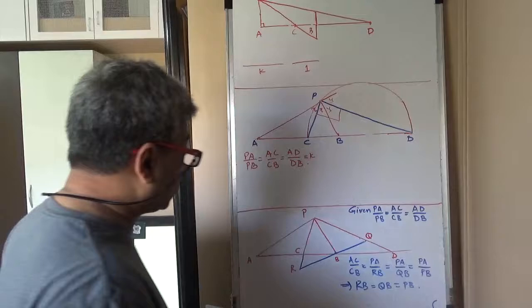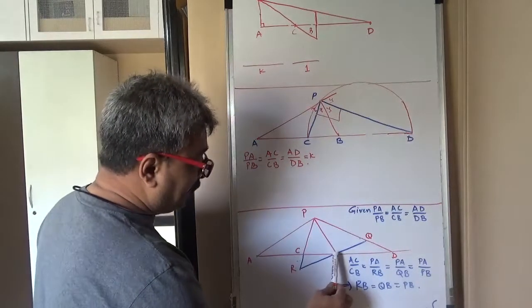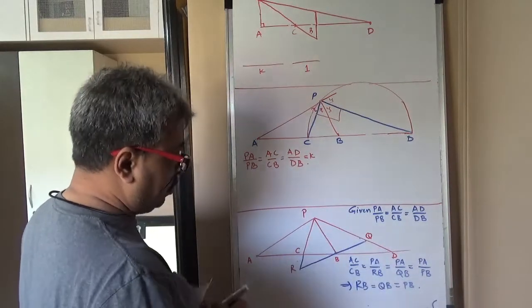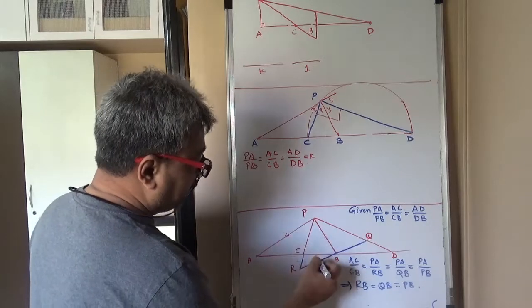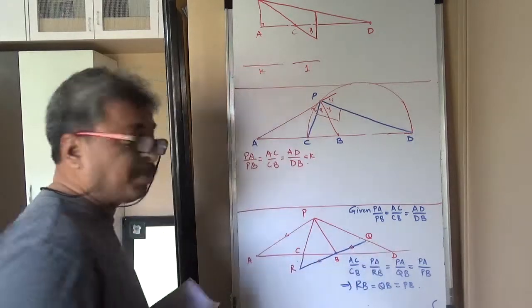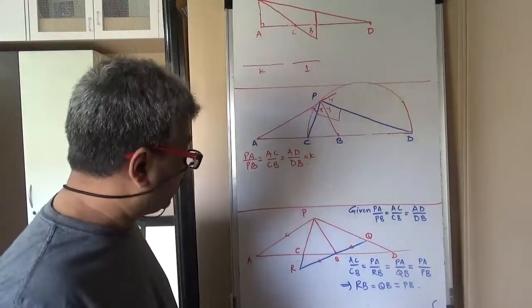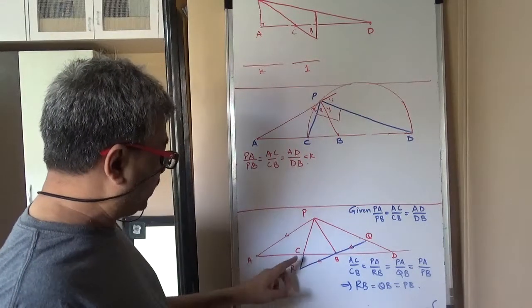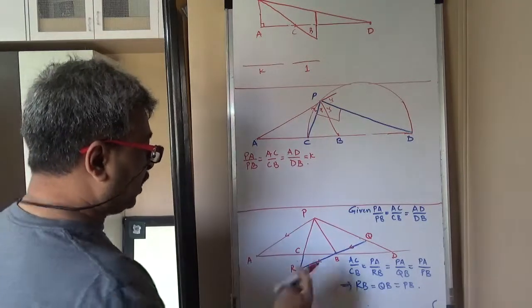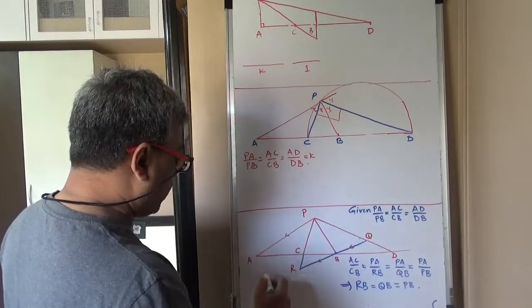And one genius construction is being done: draw a line through B parallel to PA. Once we draw a parallel line in any configuration, we end up getting some similar triangles. In this case, the first similar triangle that we get is CPA.